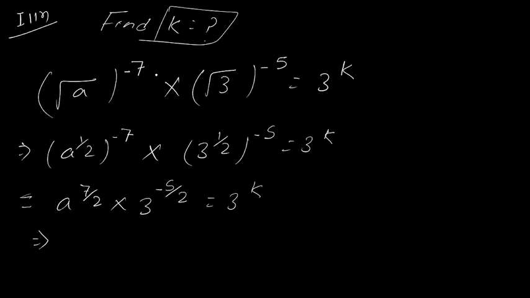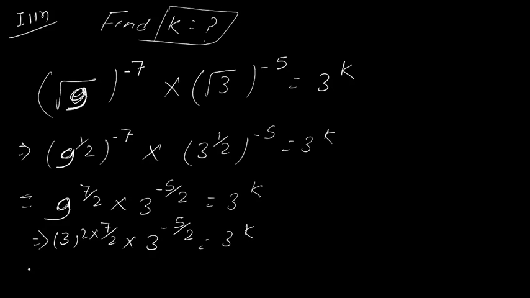I guess there is some problem. This one you see, this is 9 actually, this is 9. Now what you can write, 3 3s are 9, so 3 square to the power 7 by 2 multiplied by 3 to the power minus 5 by 2 and 3 to the power k.